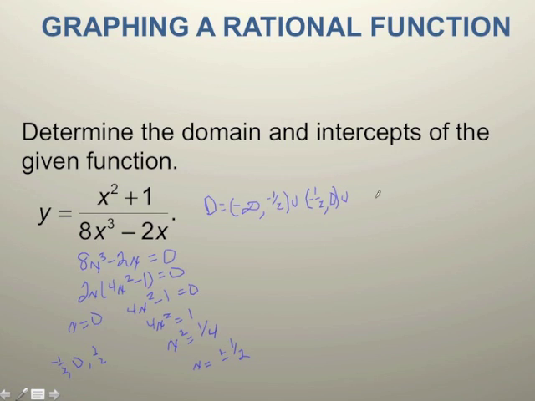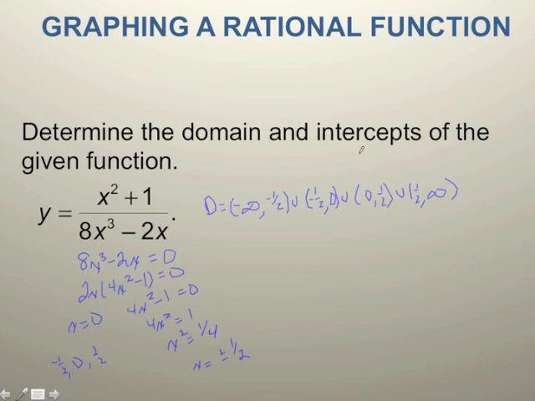Then we'll have a gap at 0. Then we'll go from 0 to 1/2, and we'll have a gap at 1/2. We'll union that with 1/2 to infinity. And we can have domains that complicated with rational functions.